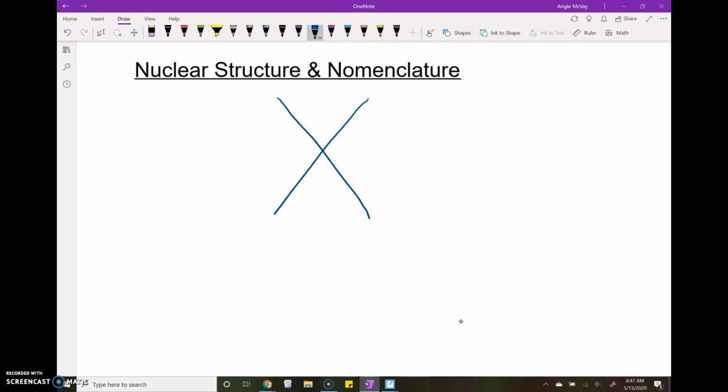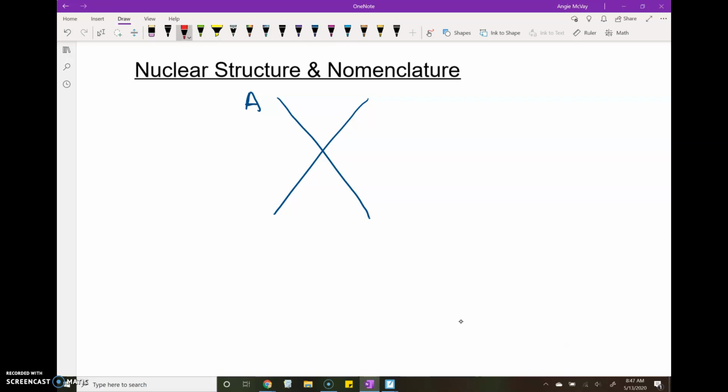Let's pretend that this X is an atomic abbreviation of some sort, right? So it could be Fe for iron, H for hydrogen, whatever. I'm going to draw it as a generic X. Up here in the top left corner, there's a number that goes there that is abbreviated with a capital A.